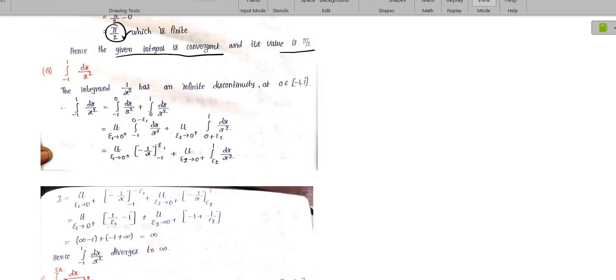Next, test the convergence of the integral from −1 to 1 of dx by x². Here, observe the integrand is 1 by x². In between −1 to 1 on the real axis, we get 0.